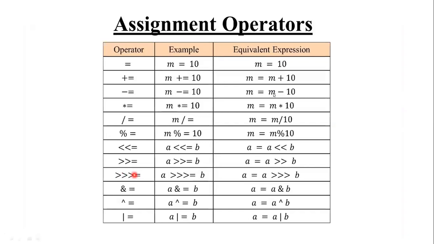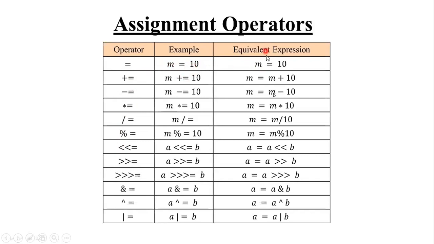Then the assignment operator. Normally the equal operator is the assignment operator, and this assignment operator is used along with various arithmetic, relational, bitwise operators. So that is called the shorthand operator. For example, if you want to assign the value 10 to the variable m, then m equal to 10.